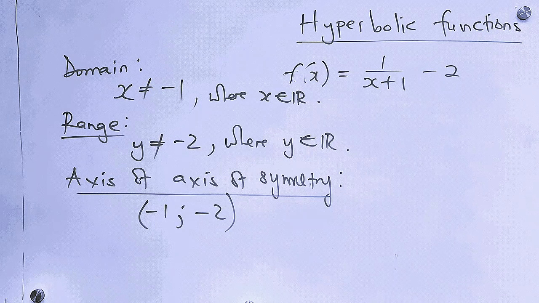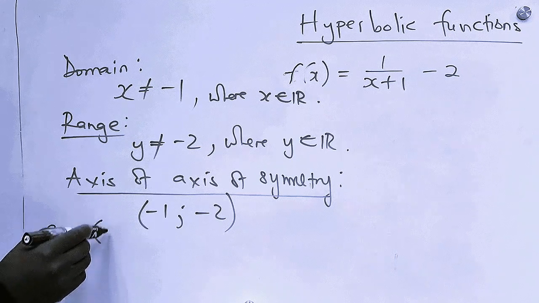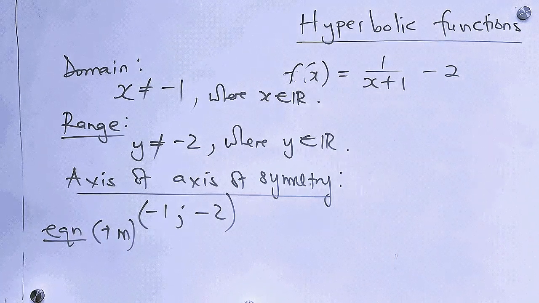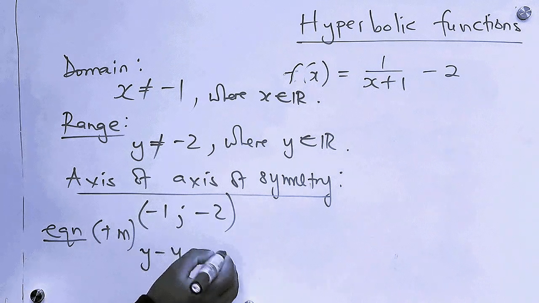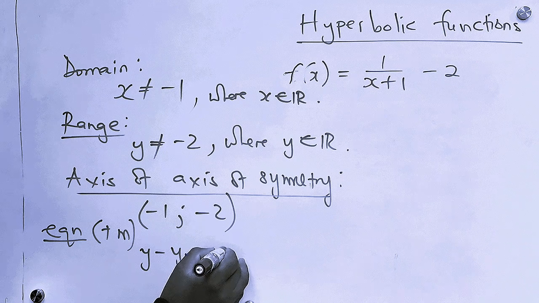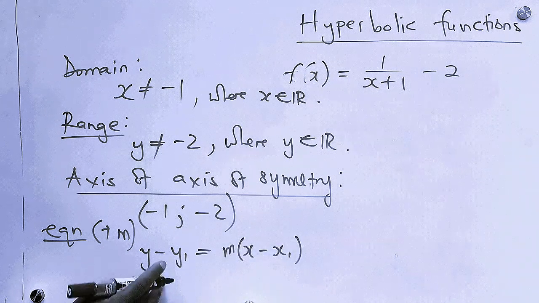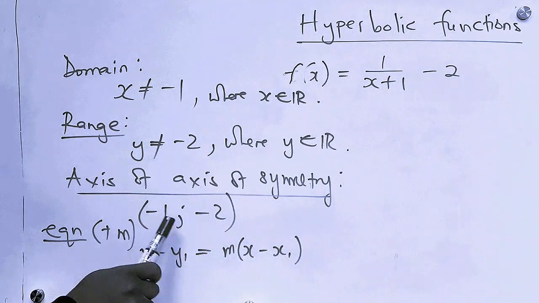So calculating the equation of the axis of symmetry with positive gradient. Let's start with positive gradient. So it will be y minus y1 is equal to m times x minus x1. So y1 and x1 come from our axis of symmetry point.